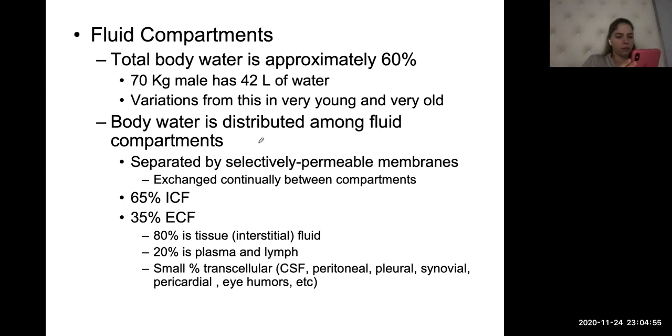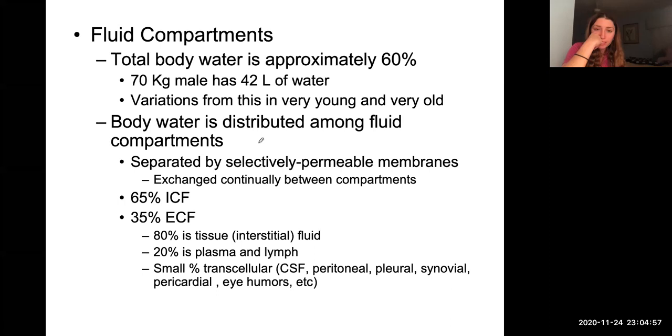Okay. So total body water is approximately 60%. Intracellular fluid is about 65%, whereas extracellular fluid is about 35%, and a lot of this is tissue or interstitial fluid.